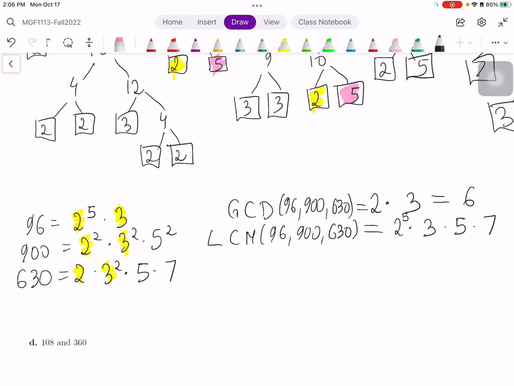So 2 will go with the power 5. 3 will go with the power 2. 5 will go with the power 2. And 7 was just 7. And that's going to be a pretty big number. So we can calculate what that is on a calculator. And I got that to be 50,400.